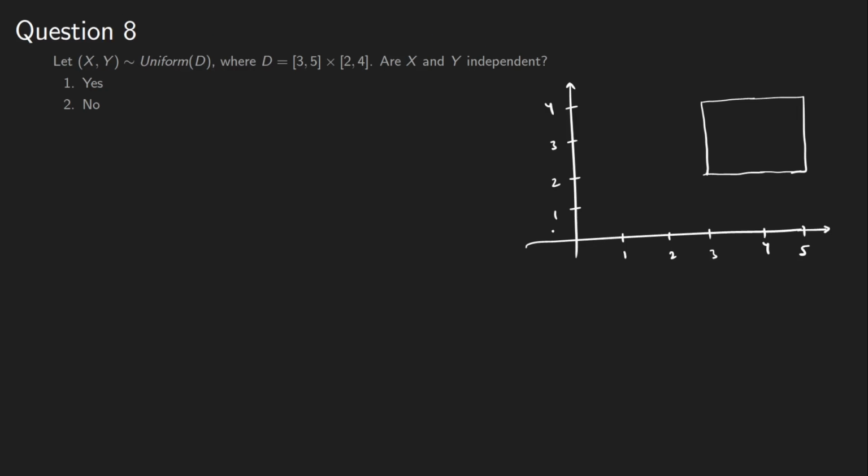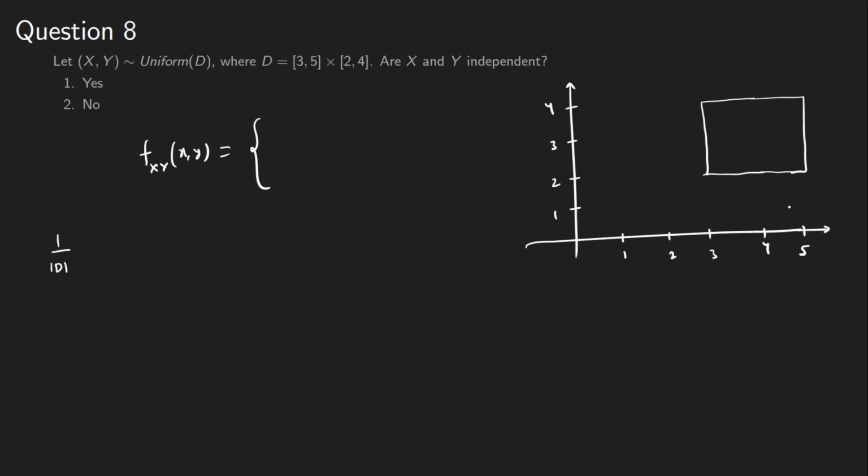So first of all, let's try to calculate the joint PDF of x and y, f_XY(x, y). Since we know that these are uniform in this region, we can calculate the PDF in this region as 1 divided by the area of this region D. So what is the area of this region?